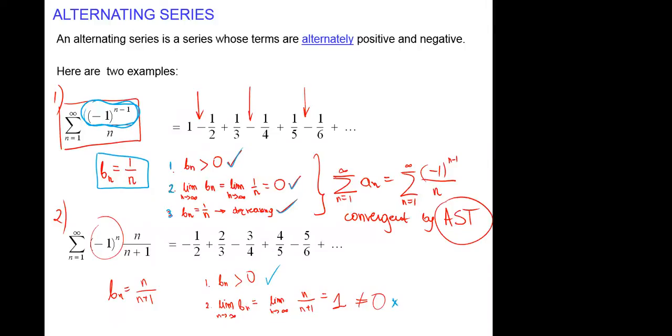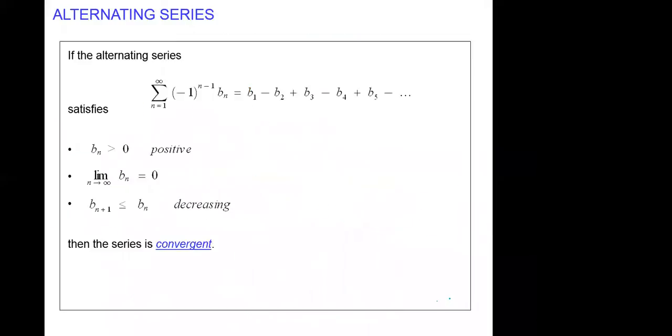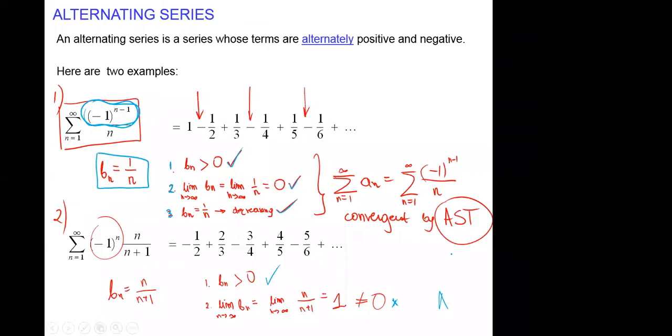But if we're not satisfying one of the conditions of this test, this means that we are actually not really using the alternating series test. One important note is we can use the alternating series test to conclude convergence only, because we do not have additional tools to say it's divergent.